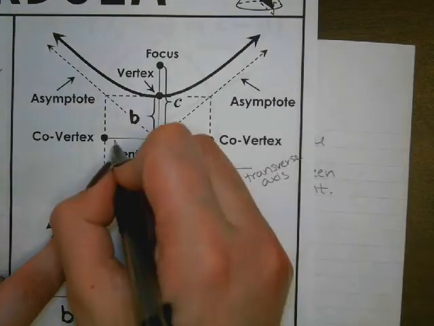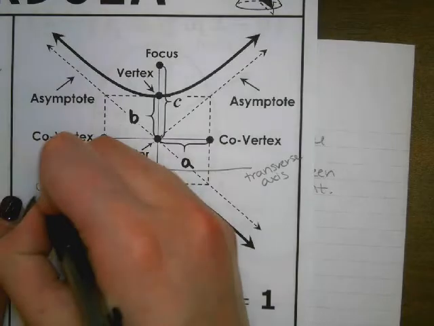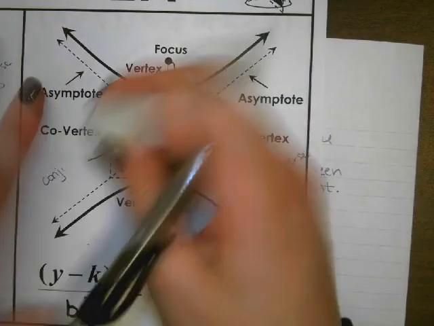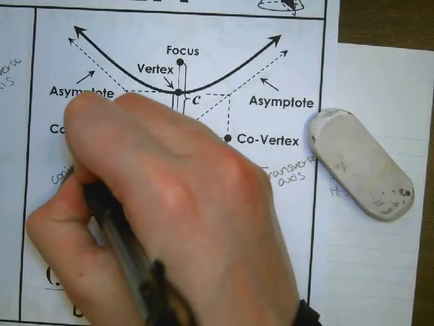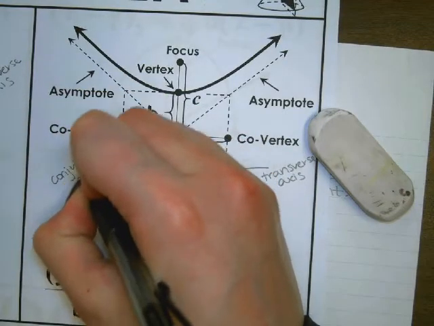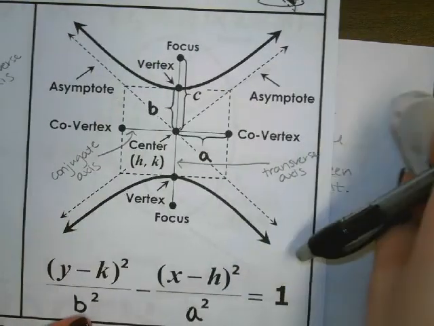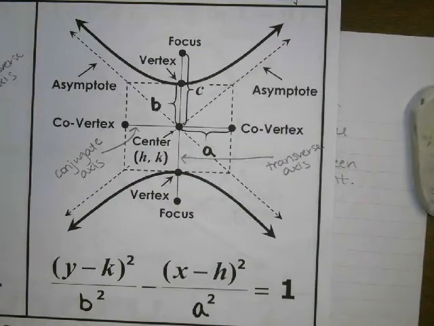The one that cuts this way is the conjugate axis. And then again, we have the asymptotes. The asymptotes are found the exact same way, regardless of the orientation. So that formula that we already wrote is still going to work.